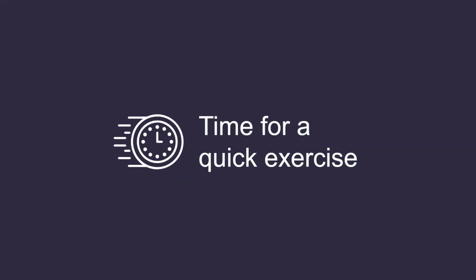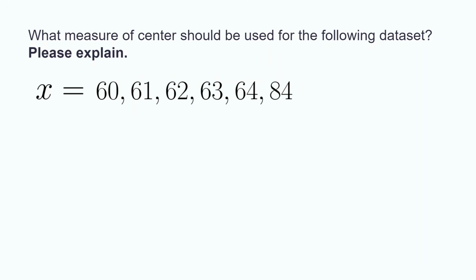Let's test our knowledge on numerical summaries of quantitative variables by doing a quick exercise. What measure of center should be used for the following dataset? Please explain. X equals 60, 61, 62, 63, 64, and 84. Begin by computing both the median and the mean.